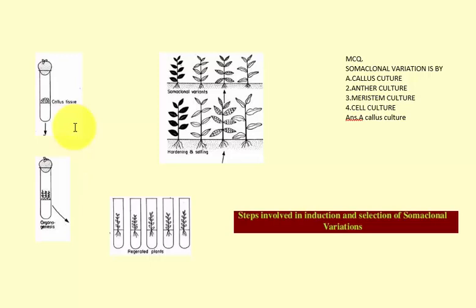So by callus formation, the other organs are produced. The method of organogenesis through callus formation leads to regenerative plants, and then the hardening and the selfing process, and we get the somaclonal variant. Okay, so this is all about somaclonal variations.